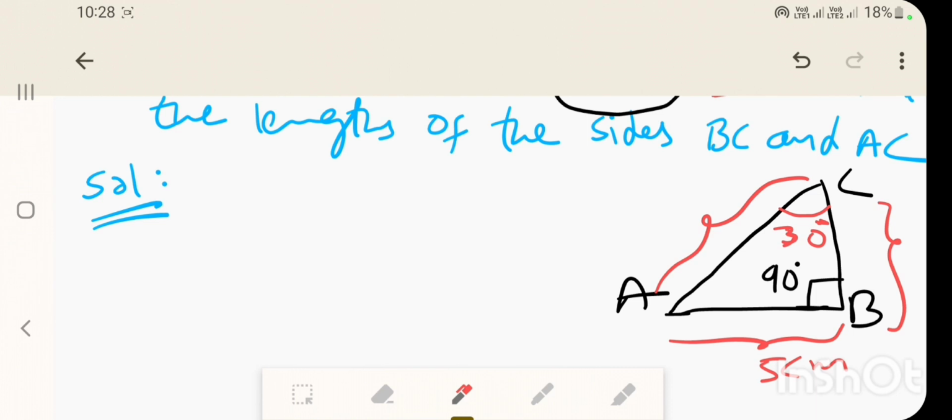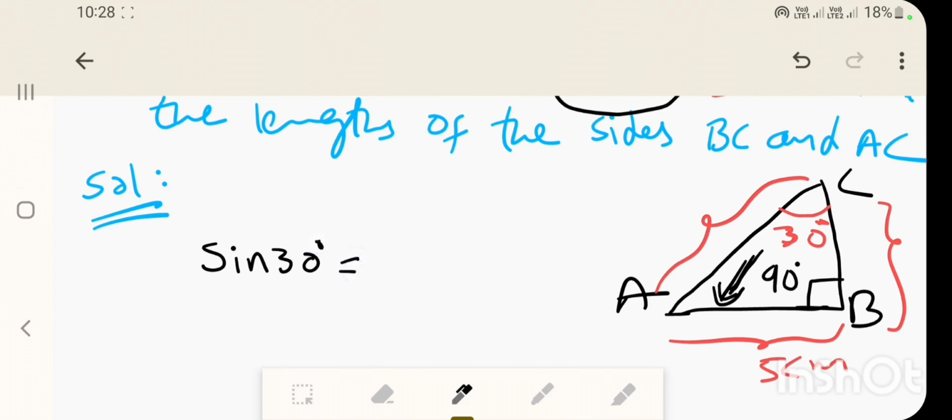Now we have seen the trigonometric ratios for some specific angles. Since the length of the side opposite to 30 degrees is given, 5 centimeters, suppose we take sine 30 degrees.